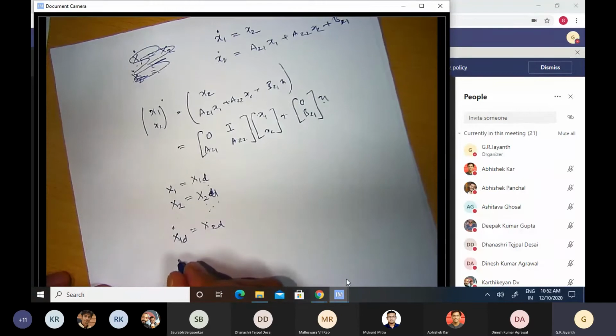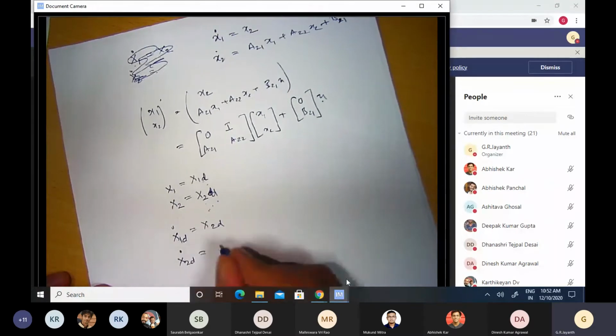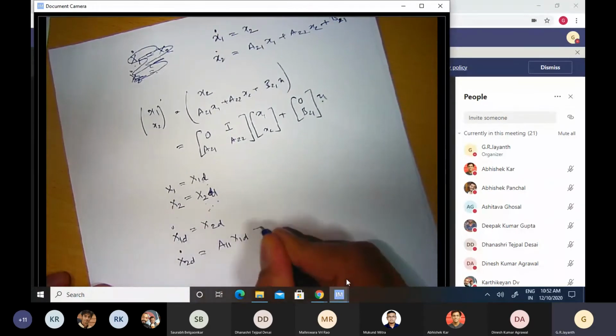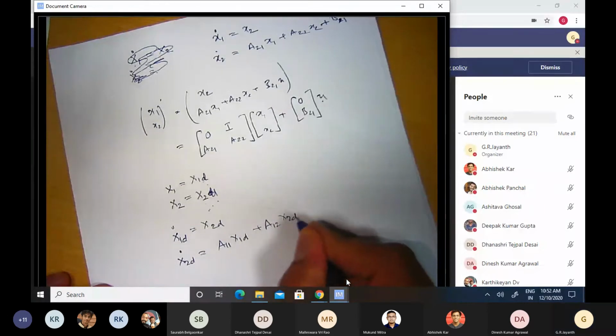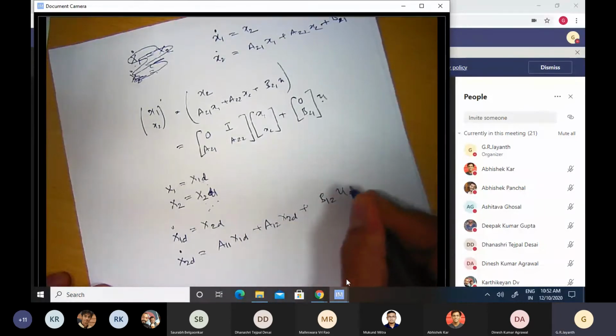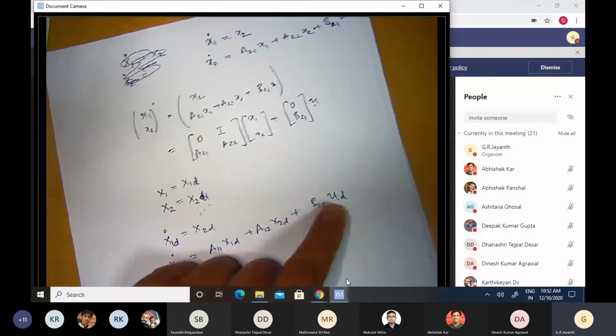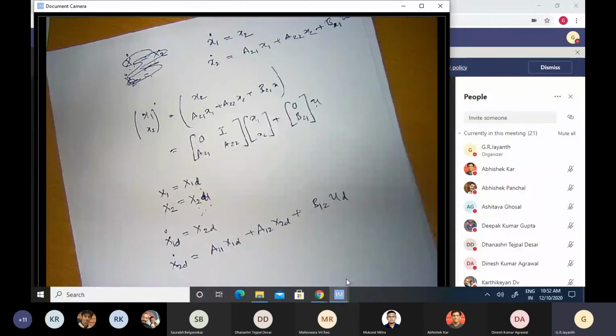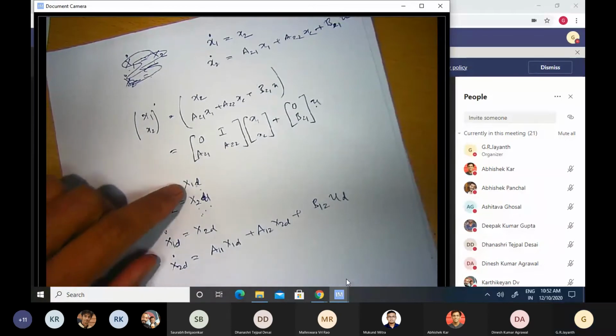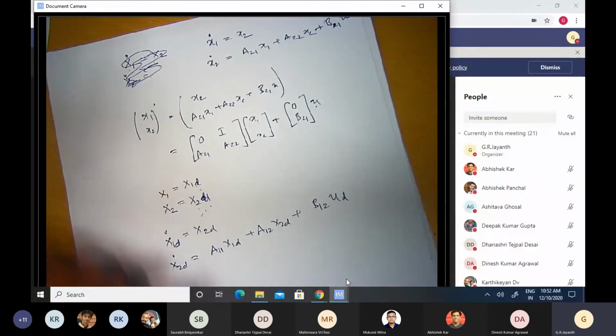The other equation will be that x2d dot is equal to a21 x1d plus a22 x2d plus b21 ud, the desired input that gives the states x1d and x2d as functions of time. So this tells me what ud I need to apply if I wish for my states to become x1d and x2d.